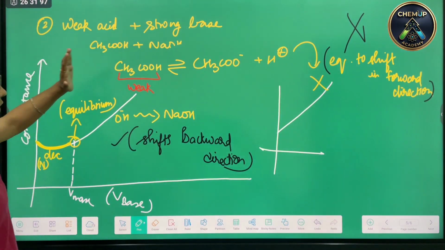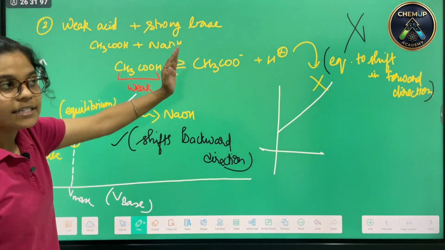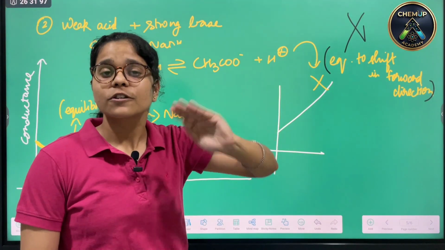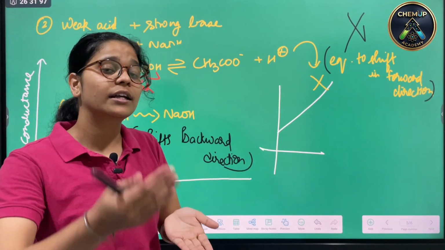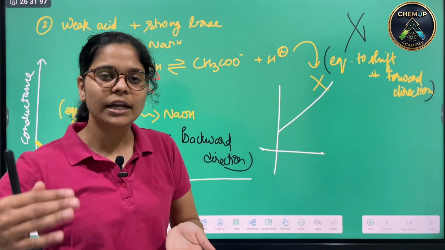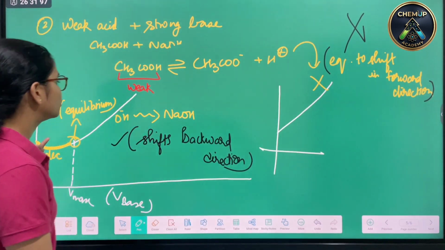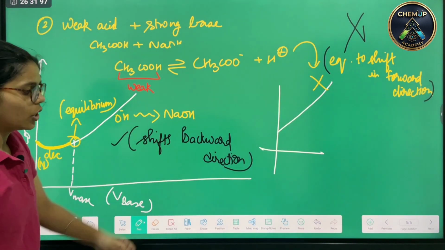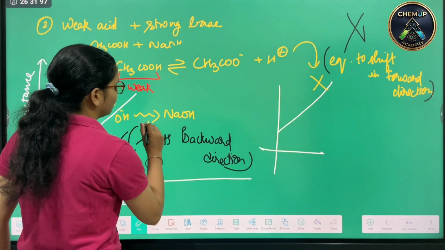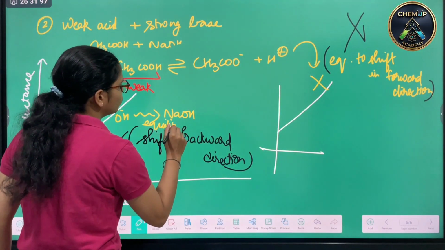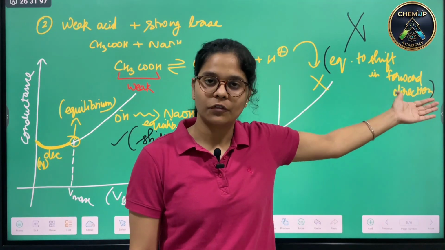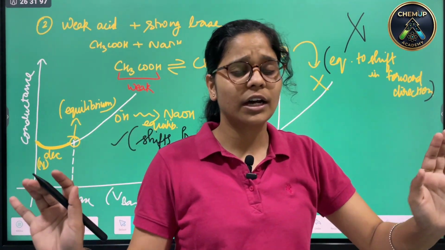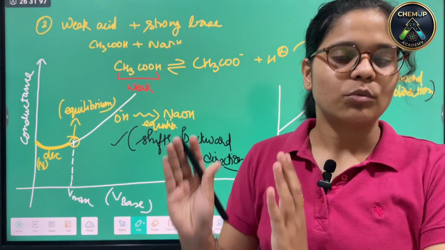Once we have neutralized our acetic acid, we have NaOH. Because of the presence of NaOH, we have OH negative ions. The number of OH negative ions keeps increasing, conductance keeps increasing, therefore the value of conductance is increasing. And our equilibrium was shifting in the backward direction instead of the forward direction. So it will not shift in the forward direction, our assumption was wrong.